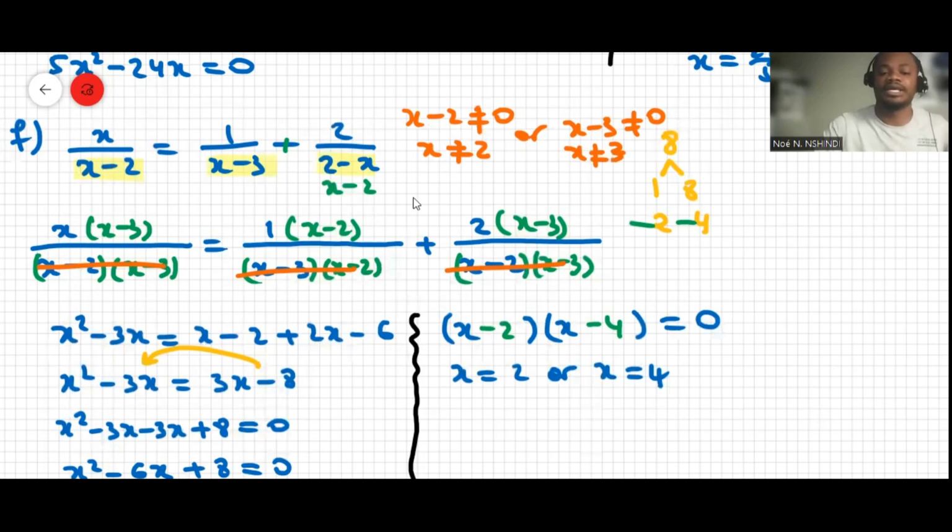So the restriction is 2 and 3. It cannot be 2, it cannot be 3. For instance, x equal to 2 is not an answer. So x equal to 4 is the answer, actually. That was F.